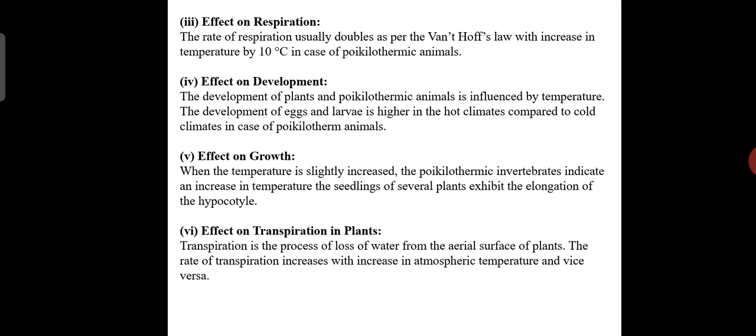Effect on development. The development of plants and poikilothermic animals is influenced by temperature. The development of eggs and larvae is faster in hot climates compared to cold climates in the case of poikilothermic animals.